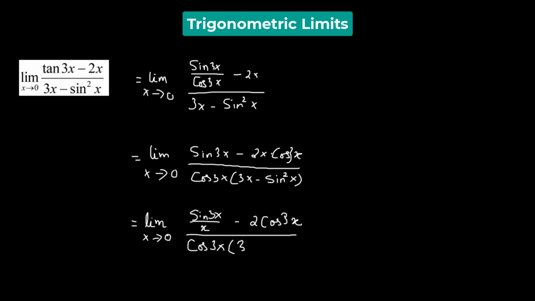So we have 3x over x, which is going to be 3, minus sine squared x over x. Now we are going to rearrange. Now here what we can do is multiply the numerator and denominator by 3.